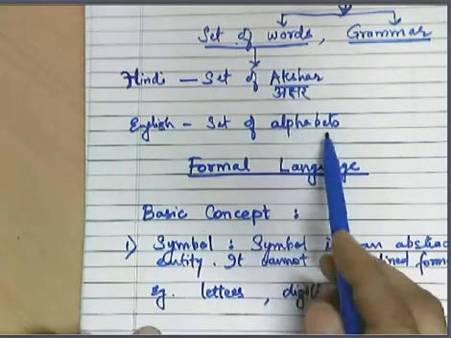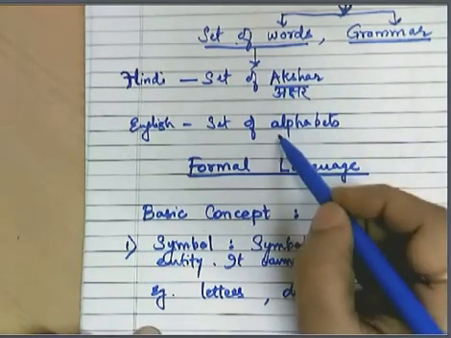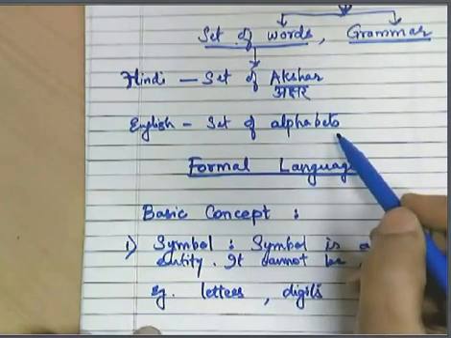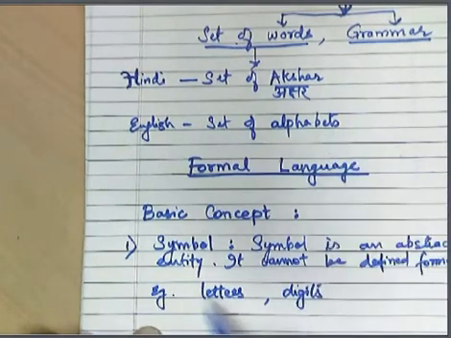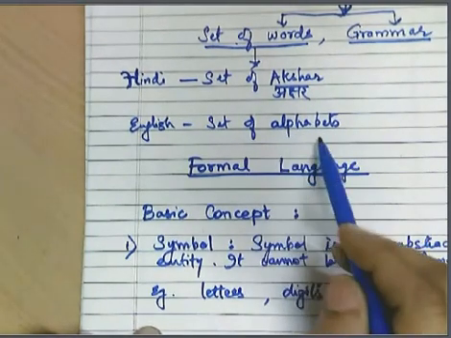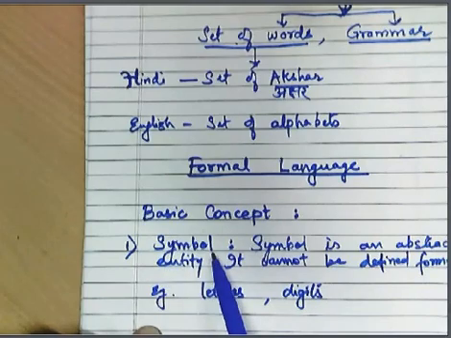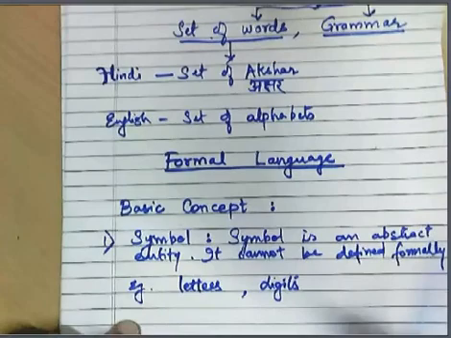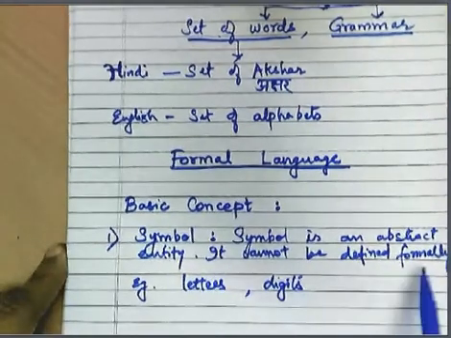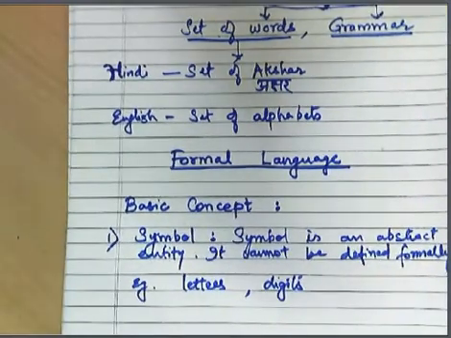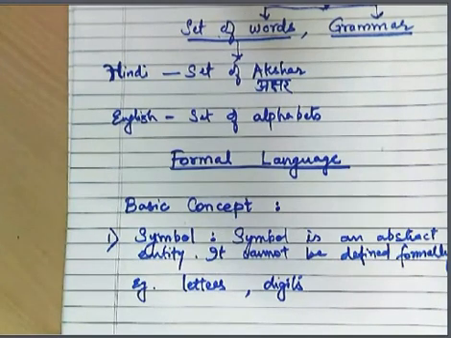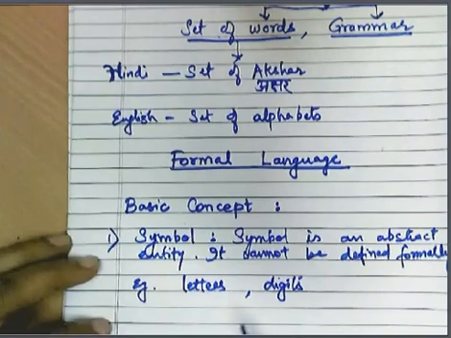Similarly, in English you have the A to Z alphabets. In our formal languages, we define the very basic unit of a language as an abstract entity which cannot be defined formally. Examples are letters and digits.